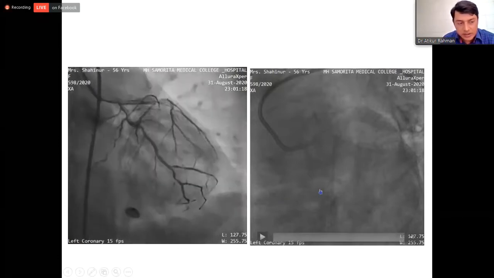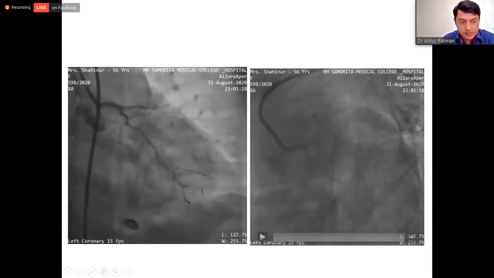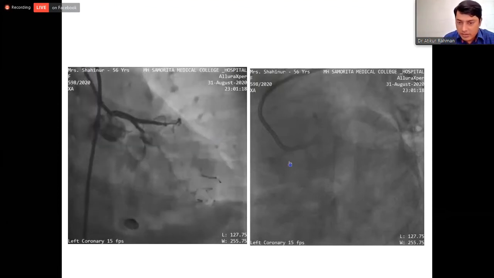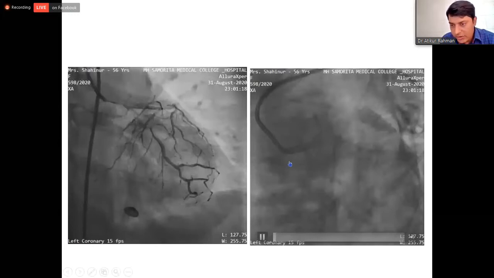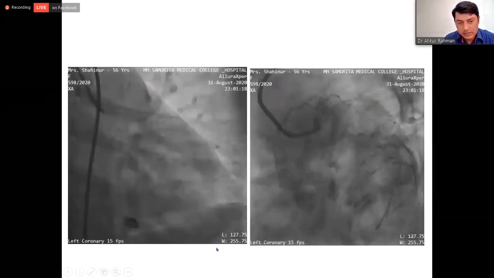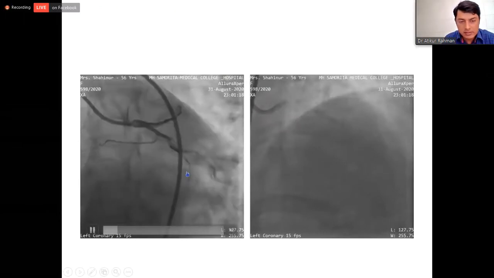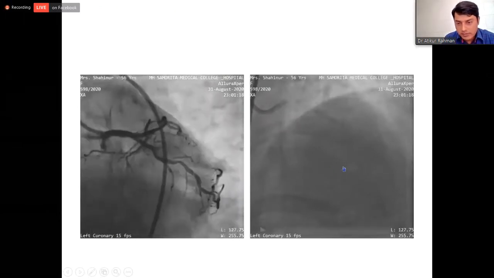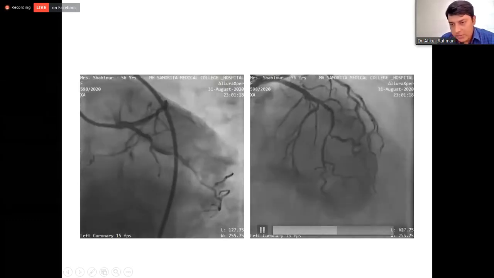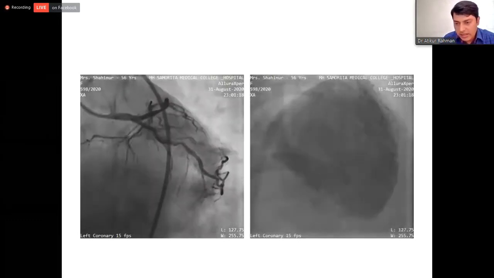The left-sided angiogram shows the left main is normal. There is non-critical plaque in the LCX and a 70 to 80% lesion in the distal LAD.